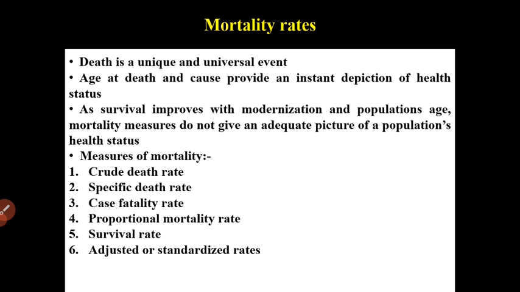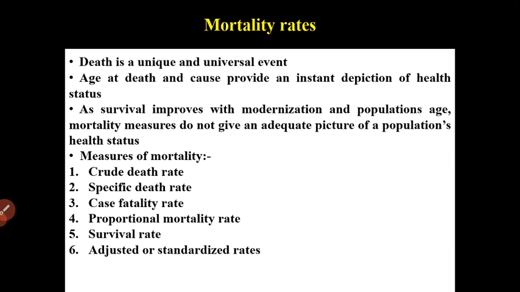Moving ahead. Now, mortality rates. Now, as you know, death is a unique and universal event. Now, age at death and cause provide an instant depiction of health status. Fine. Now, as survival improves with modernization and population ages, mortality measures do not give an adequate picture of a population's health status.